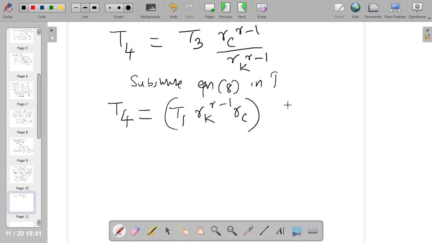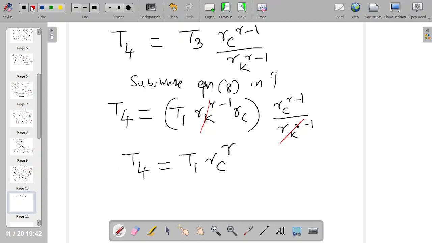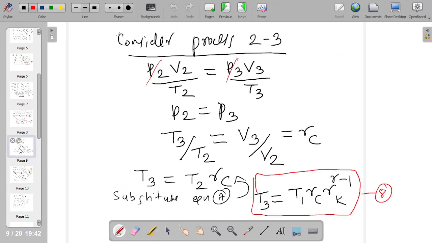So this is our T3, and here we have RC raised to gamma minus 1 and RK raised to gamma minus 1. So this RK raised to gamma minus 1 will get cancelled, and RC into RC raised to gamma minus 1, so finally we are getting T4 is equal to T1 RC raised to gamma. So this is our next equation. So we have successfully expressed every temperature in terms of T1. So this will be our equation 9.